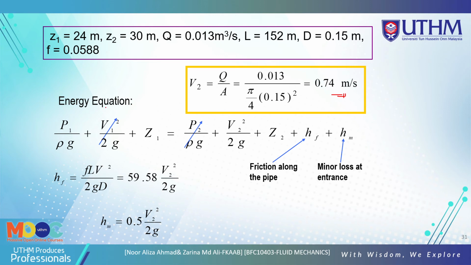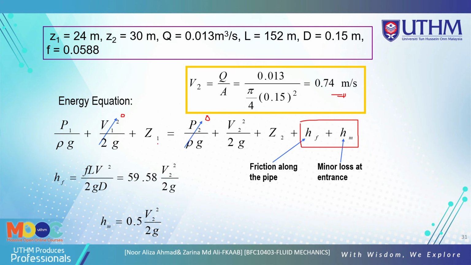Now using the energy equation, or Bernoulli equation, from point 1 to point 2, plus the HF and the HM, because we consider all the minor losses. Consider the friction along the pipe, HF, and the minor losses at the entrance. We know that P2 is open to the atmosphere, so P2 is 0, and V1 is also 0. So we just have P1 plus Z1 equals V2 squared over 2g plus Z2.